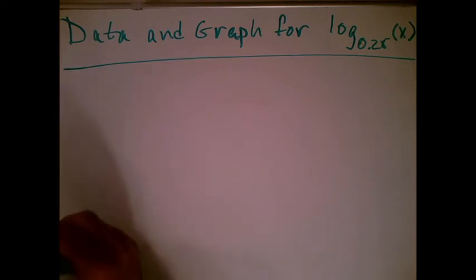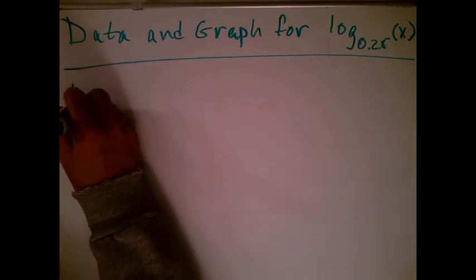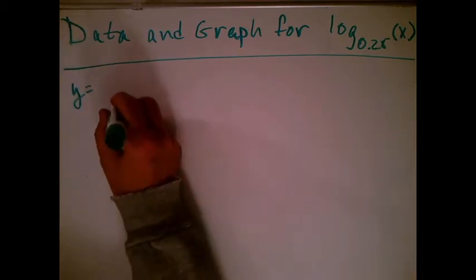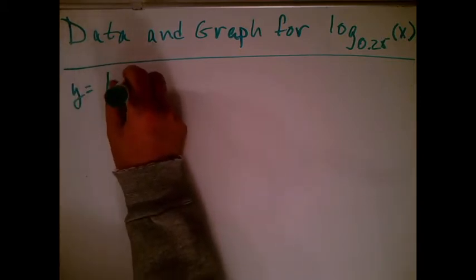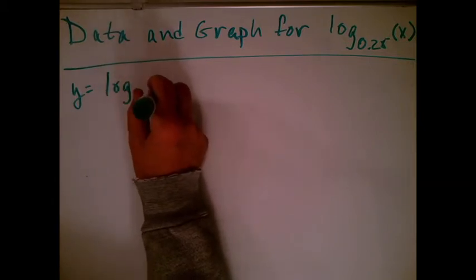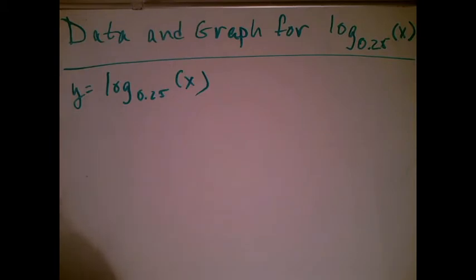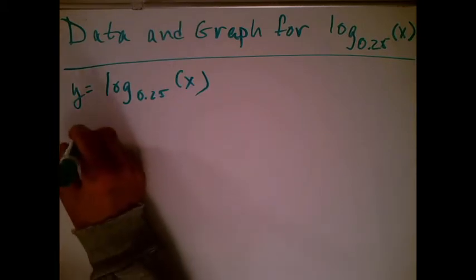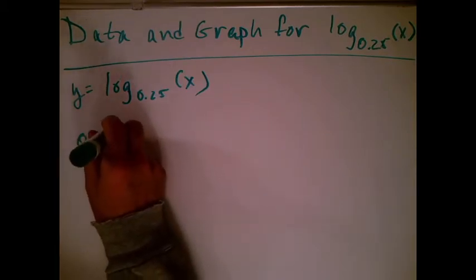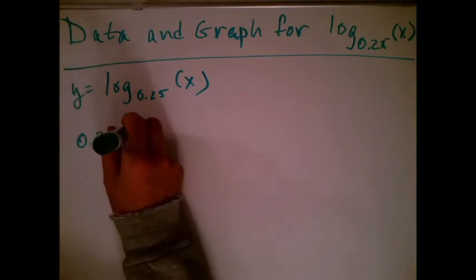For example, if we write down that we're trying to find y equals log base 0.25 of x, remember that's exactly the same thing as saying 0.25 to the y equals x.